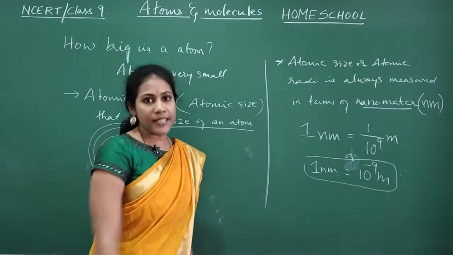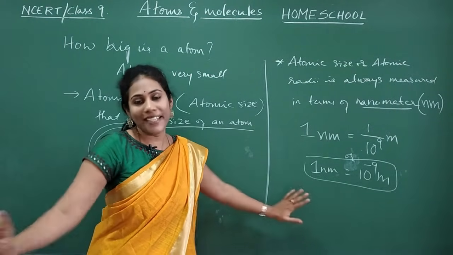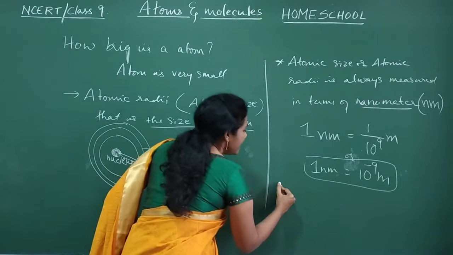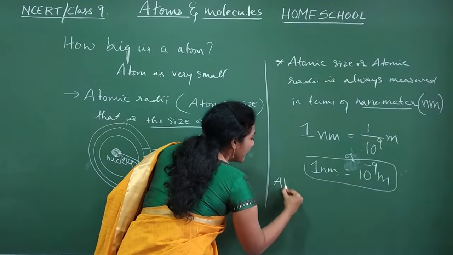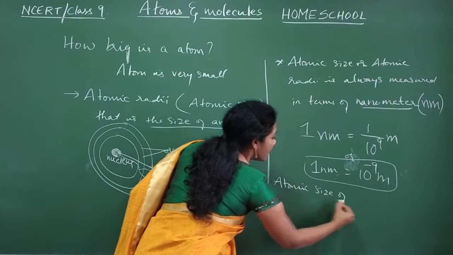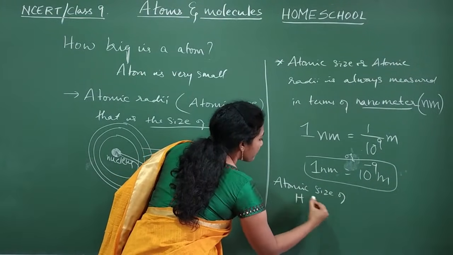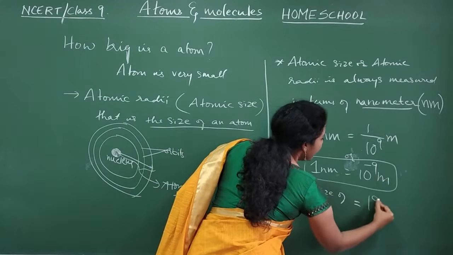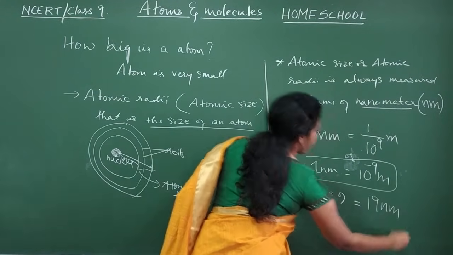Say for example, just an example, think of it as an assumption: the atomic size of hydrogen is equal to 19 nanometer.